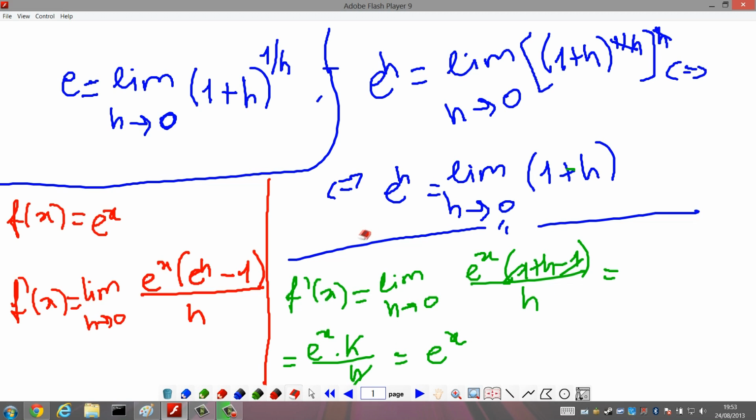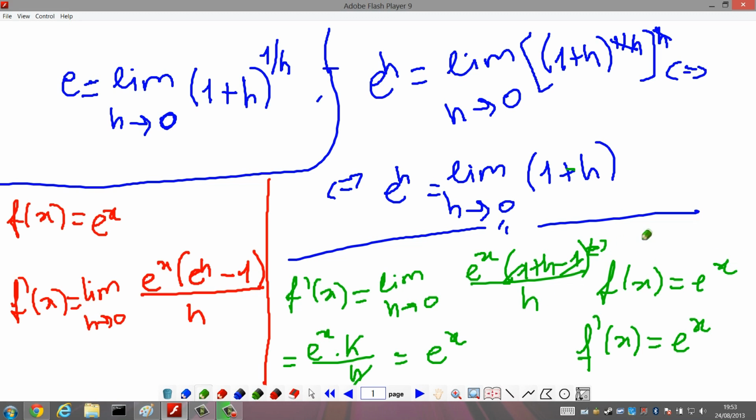So as a big fat conclusion, we can say that f prime of x equals e to the x. And f of x obviously equals e to the x. So this is our big conclusion. And there we go. Demonstrated it.